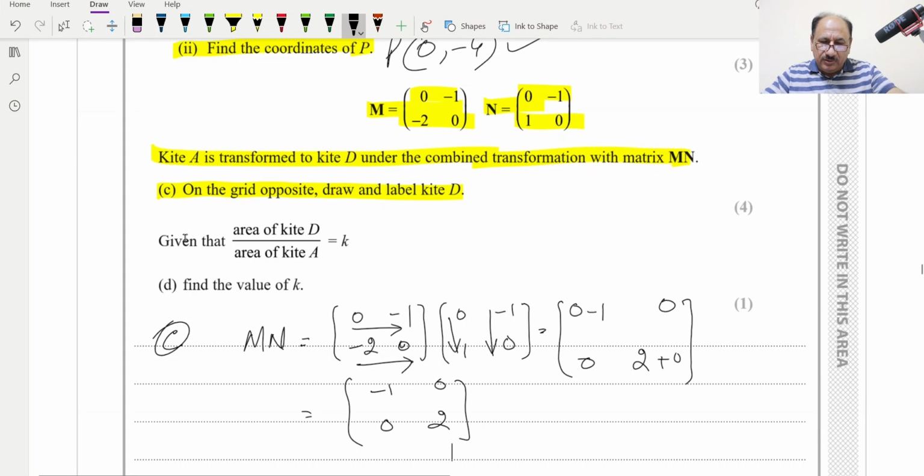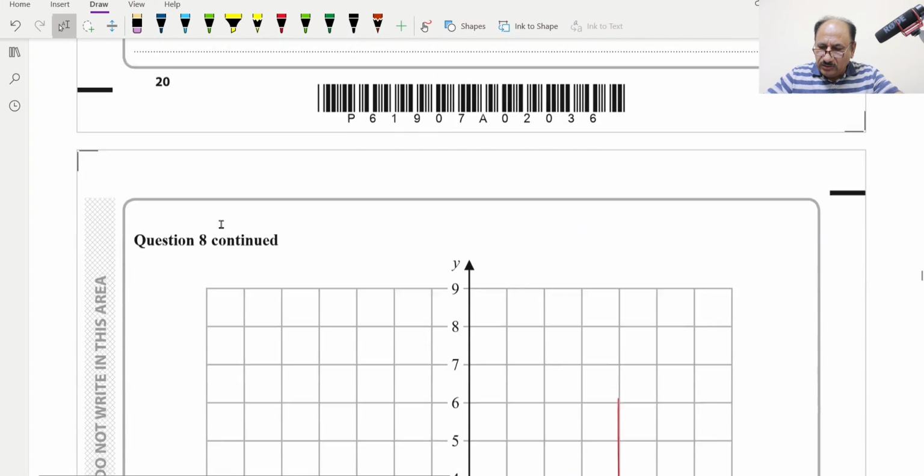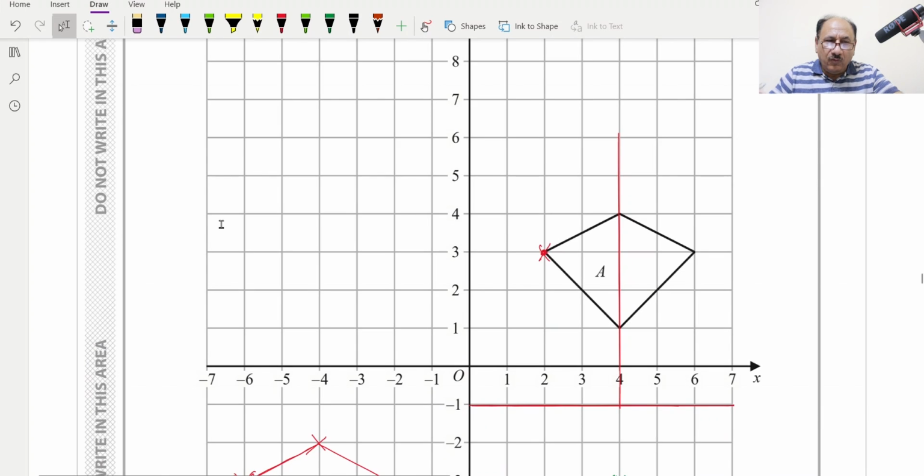This will be the matrix, and now we have to translate basically for these coordinates. So this will be 4, 1 coordinates of this point, and this point will be having coordinates 6, 3, and this point will be 4 and 4, and this point will be 2 and 3.